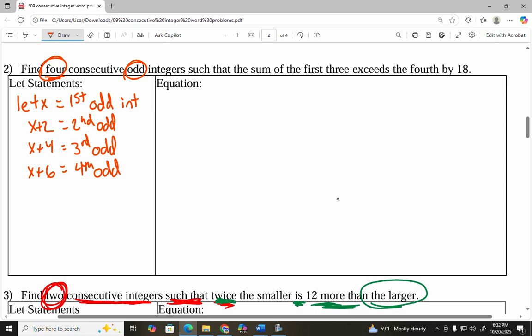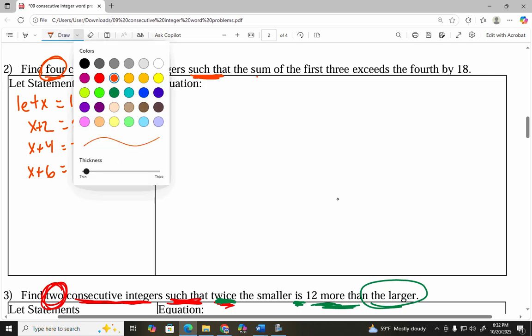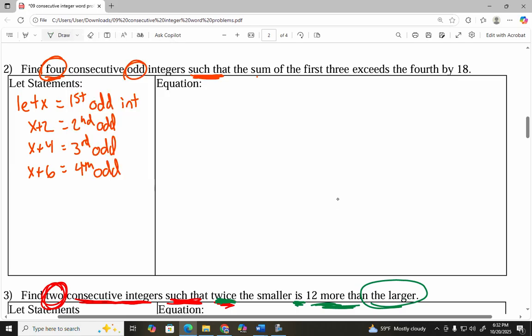And now it says such that the sum of the first 3. Here's the first 3. The sum of the first 3 would be x plus 2 plus x plus 4, right?